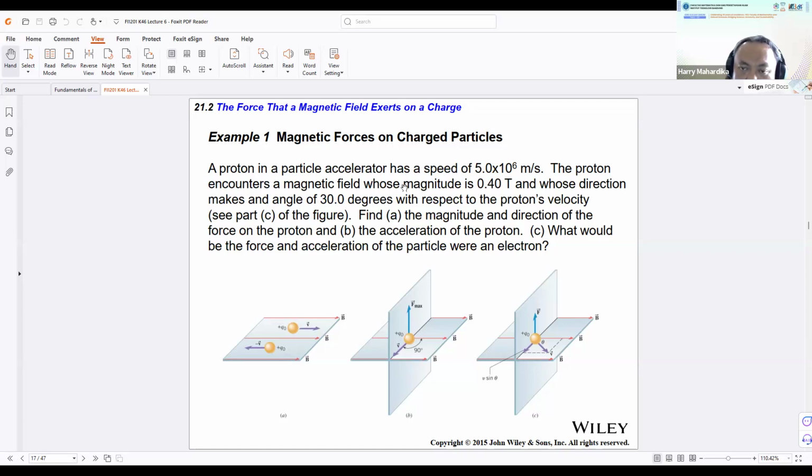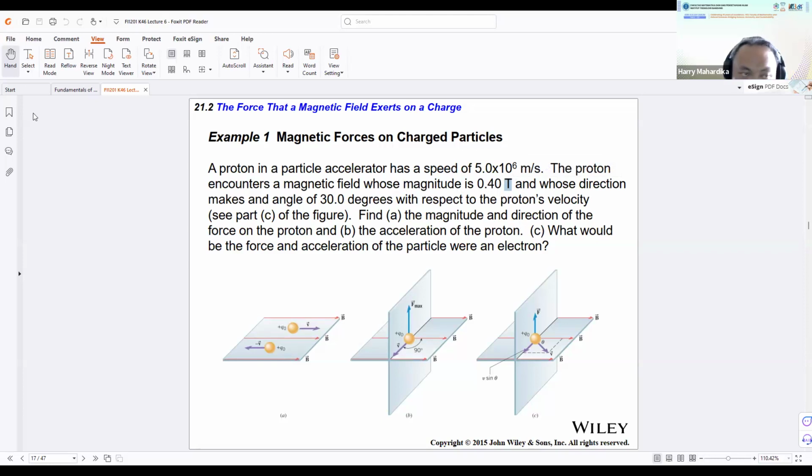So the unit of magnetic field is Tesla, the same name that the car manufacturer uses, because one of the pioneers who studied magnetic fields is basically Nikola Tesla, the one who inspired Elon Musk to produce his cars.